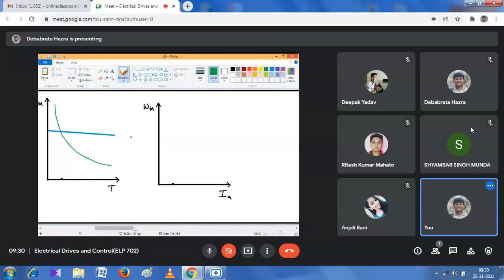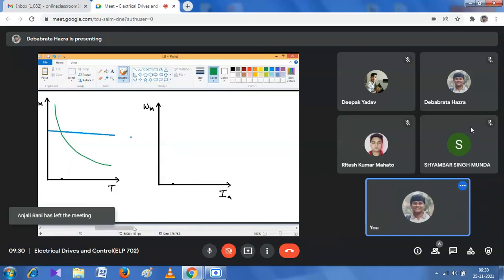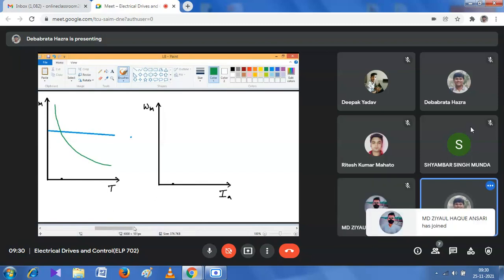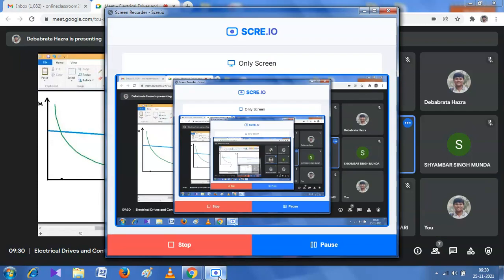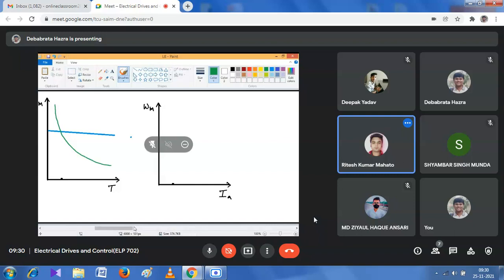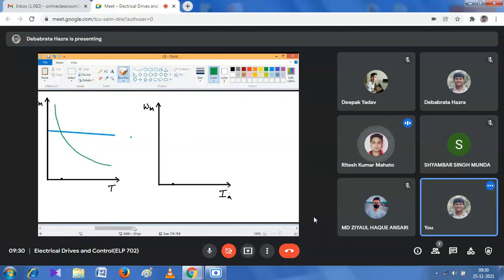And what is the nature of omega versus Ia? What should be the nature? Series motor.